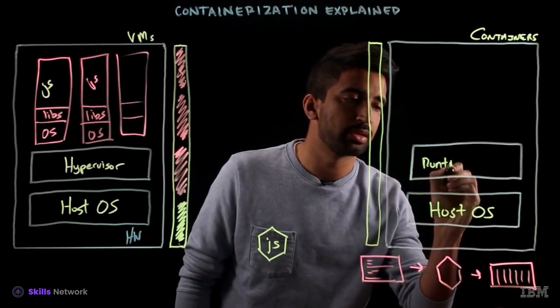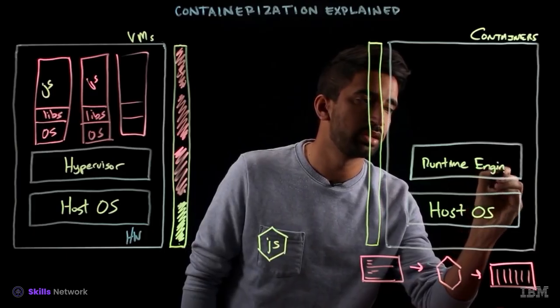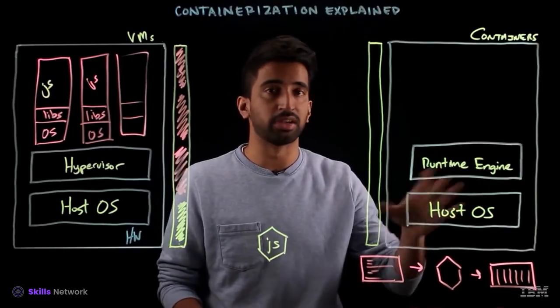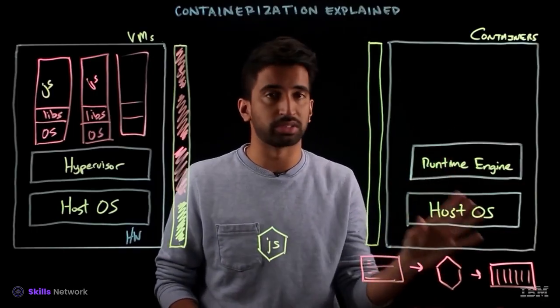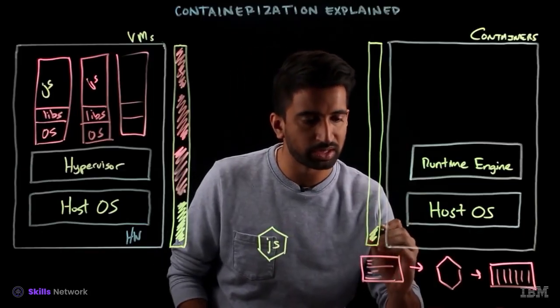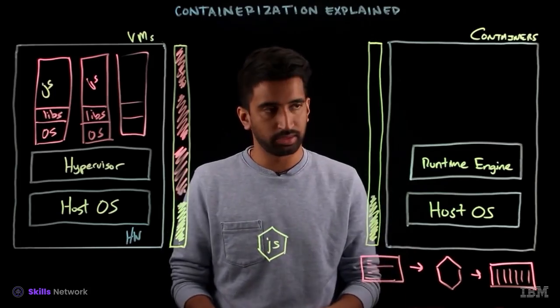So if you're using Docker, this would be the Docker engine. And different containerization technologies would have a different engine. Regardless, it's something that runs those containers. Again, we've got this shared pool of resources, so we can assume that that alone consumes some set of resources.